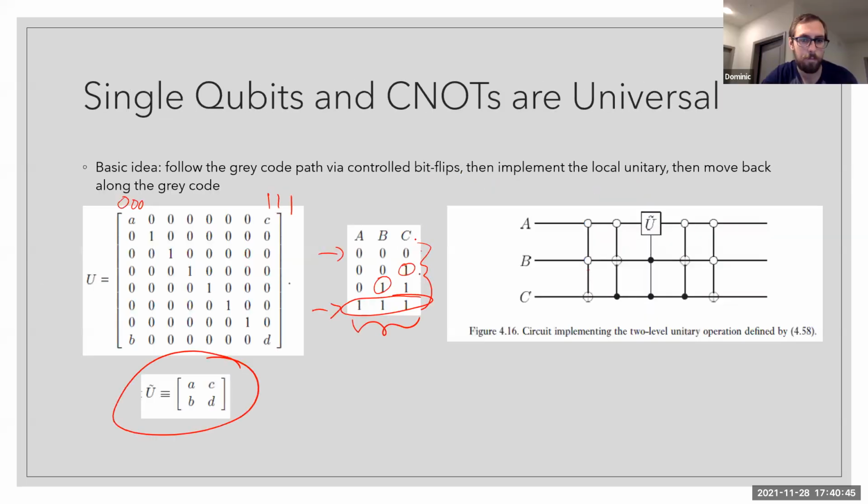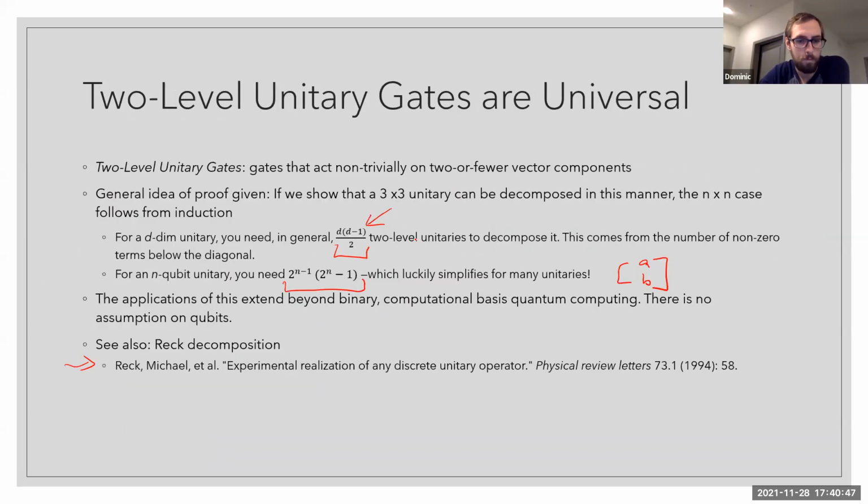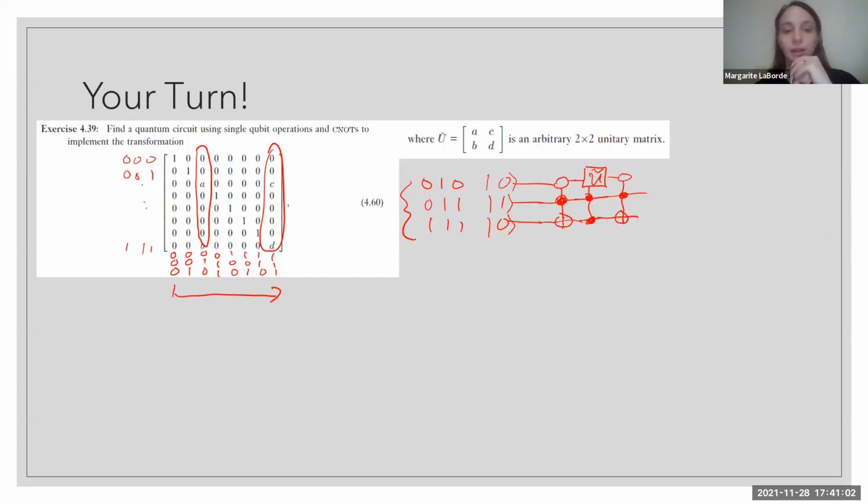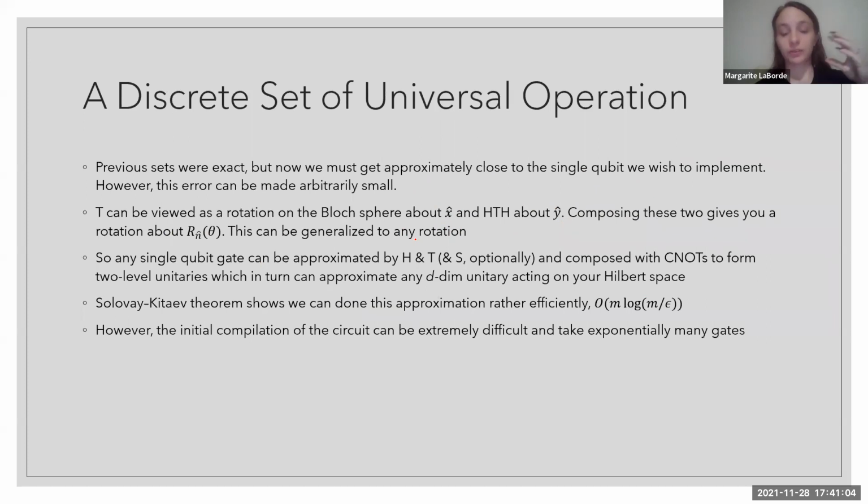Okay, so we've shown that we can decompose any arbitrary dimensional unitary into 2-level unitaries, and then we showed 2-level unitaries are really just single qubits and CNOT. Now, those single qubit unitaries are the last ones we have to specify.